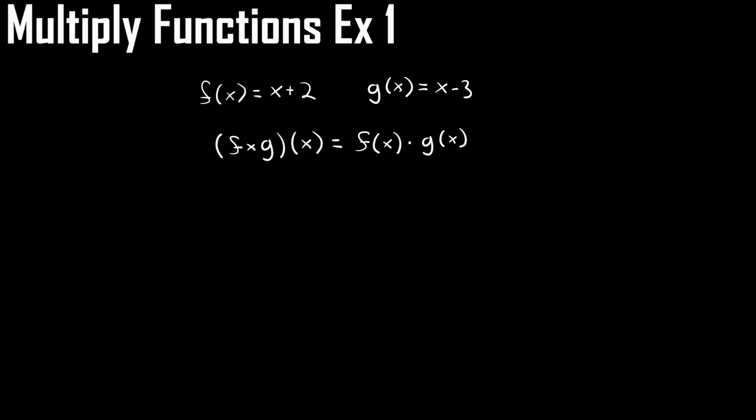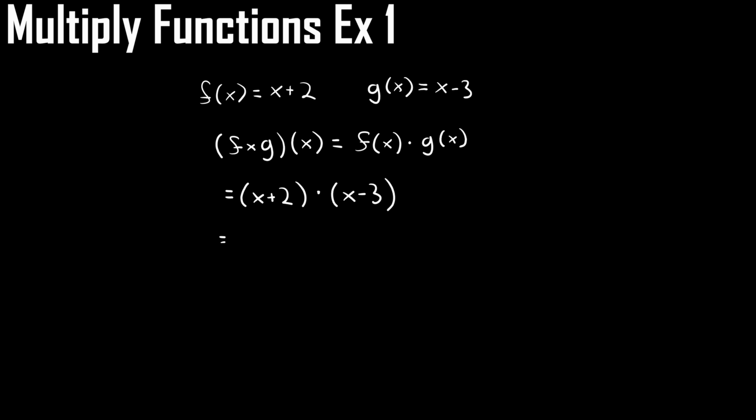So we're going to start by plugging in our functions. So we're going to get f of x, which is x plus 2, times g of x, which is x minus 3. So now we can multiply.